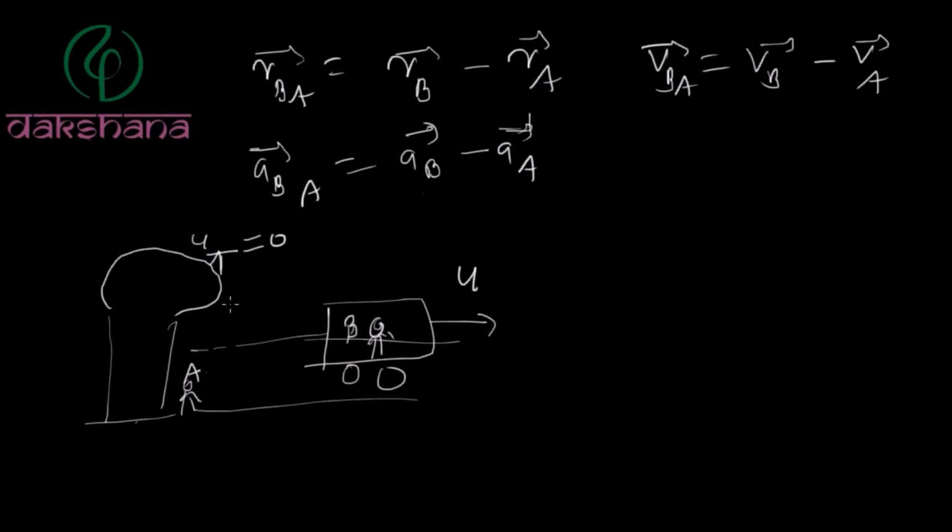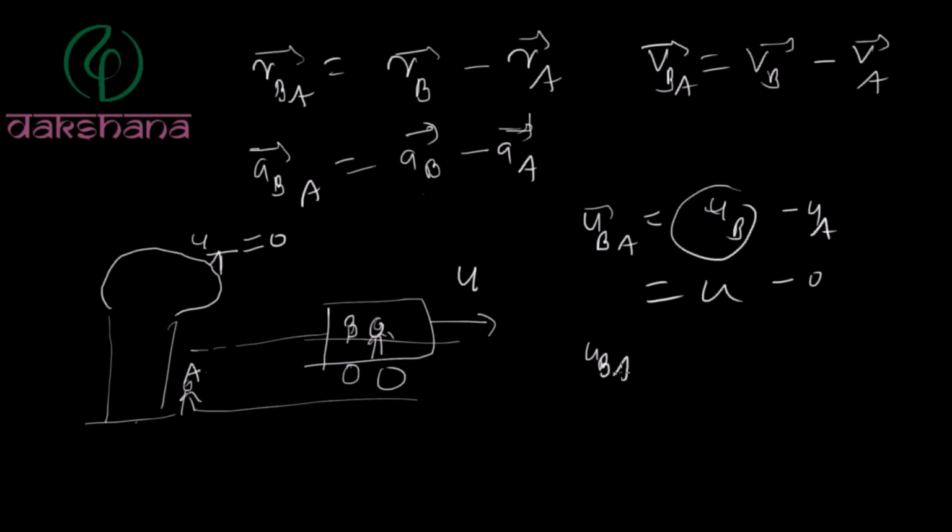So we can write velocity of B with respect to A equal to velocity of B minus velocity of A. Since velocity of B we have given as u and velocity of A, since this man A is at ground and with respect to ground is not moving, we can write it as 0. So velocity of B with respect to A equal to u.